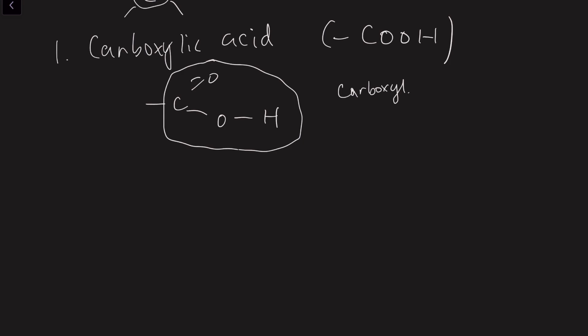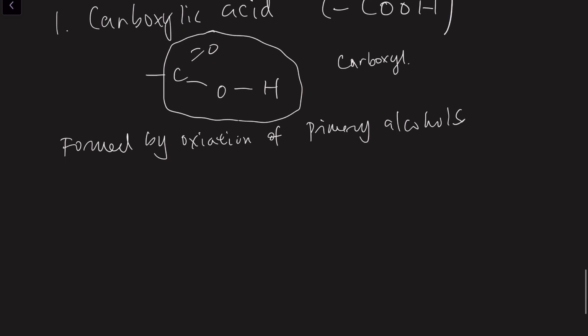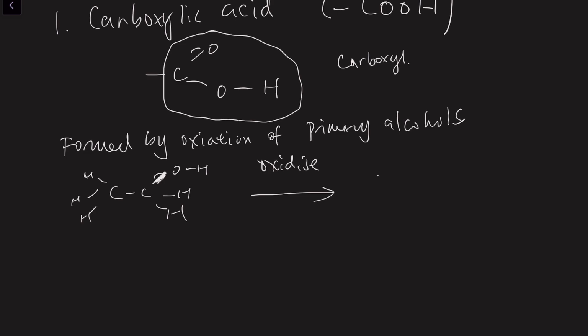It is formed by oxidation of primary alcohols. So for a primary alcohol like ethanol, when you oxidize it, it turns into ethanoic acid.